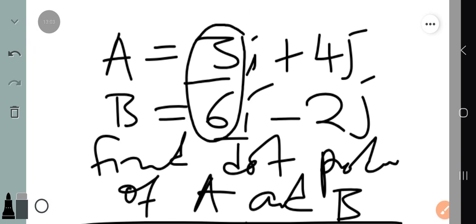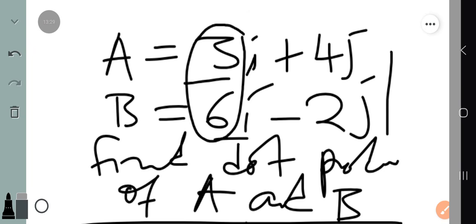Then the answers that you get, you add together. If these 2 vectors were in 3 dimensions and we had k, we would have also multiplied the coefficients of k alone.